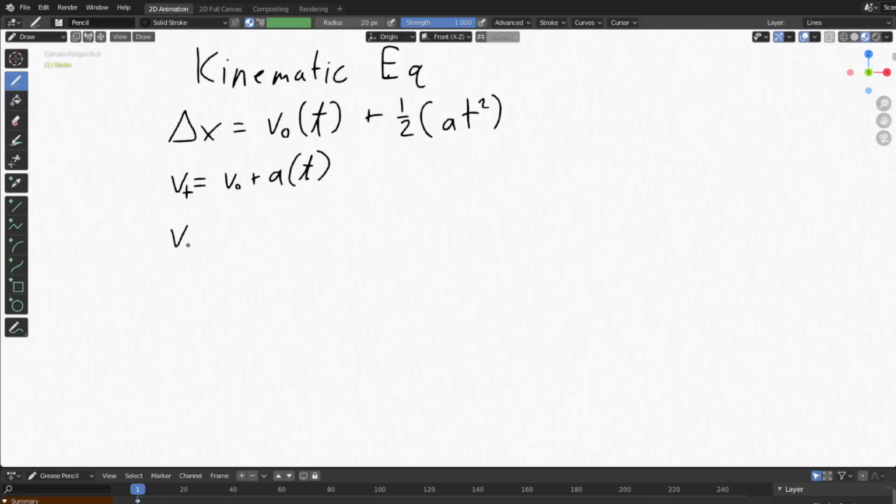And then the final one is final velocity squared equals v naught squared plus, I should write this as this, 2 times acceleration times delta x. So these are our main three equations.